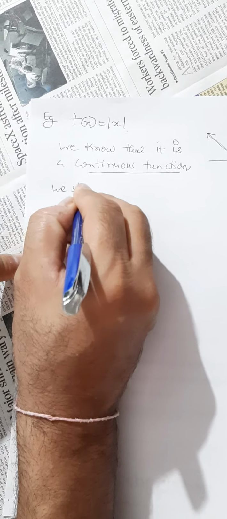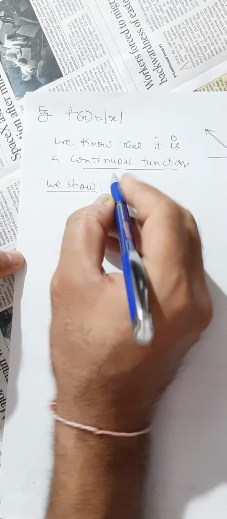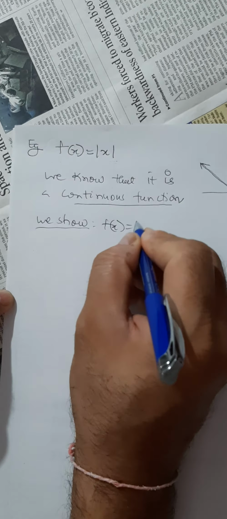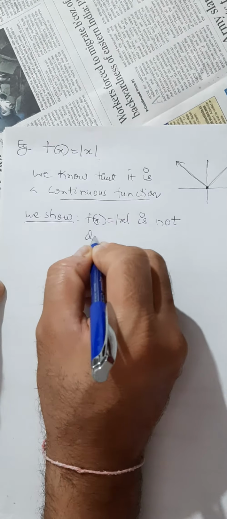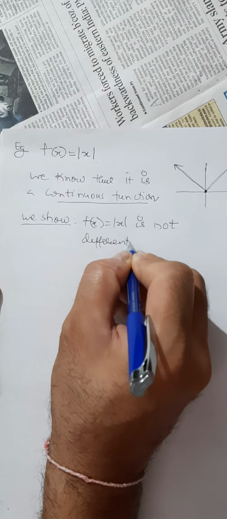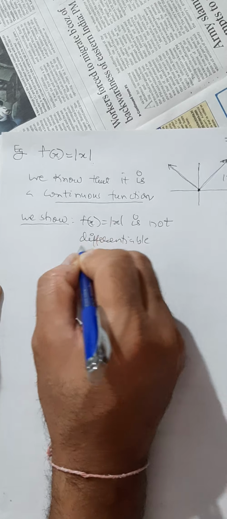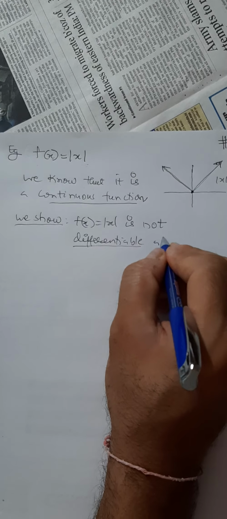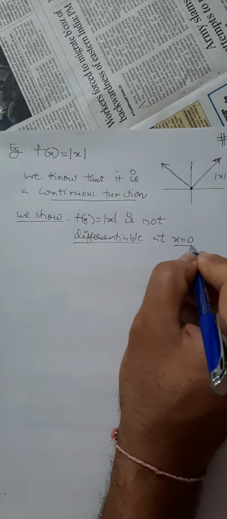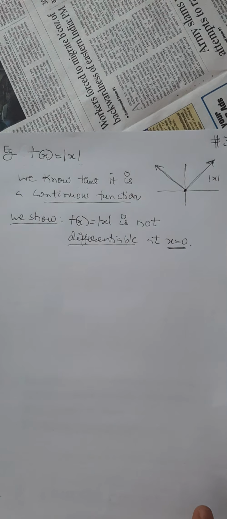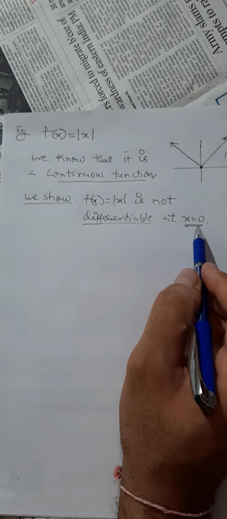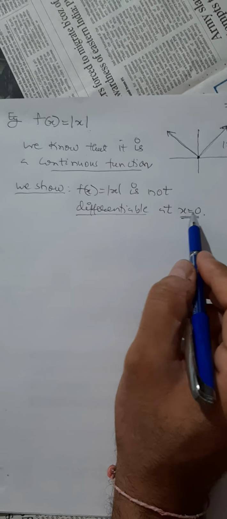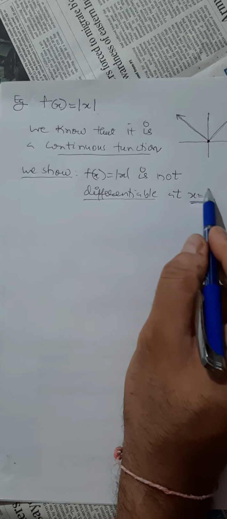What we show here, this is very important, is that f(x) equals modulus x is not differentiable, that means the derivative doesn't exist at x equals 0. This is what we want to show. We will show that the derivative doesn't exist at 0, remember. Now, what is the derivative? That is the limit only, so I'll write the definition at 0.